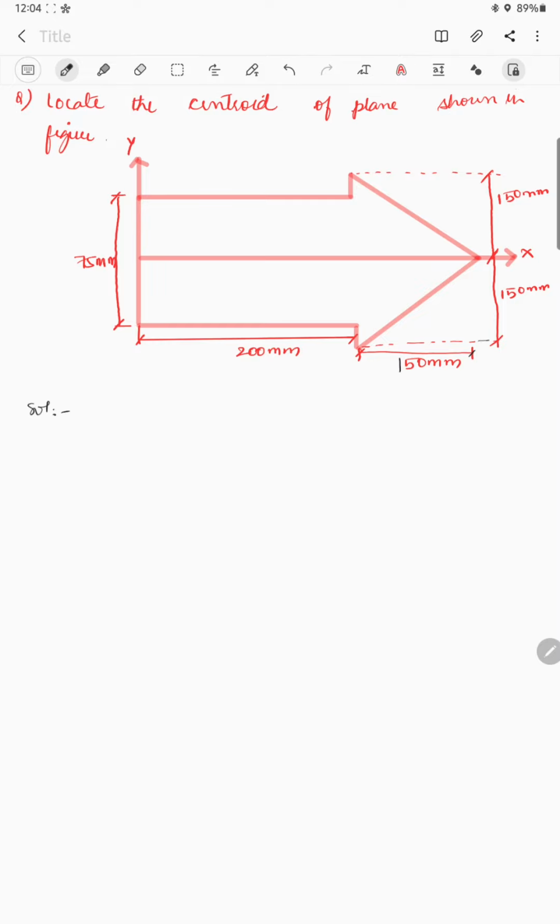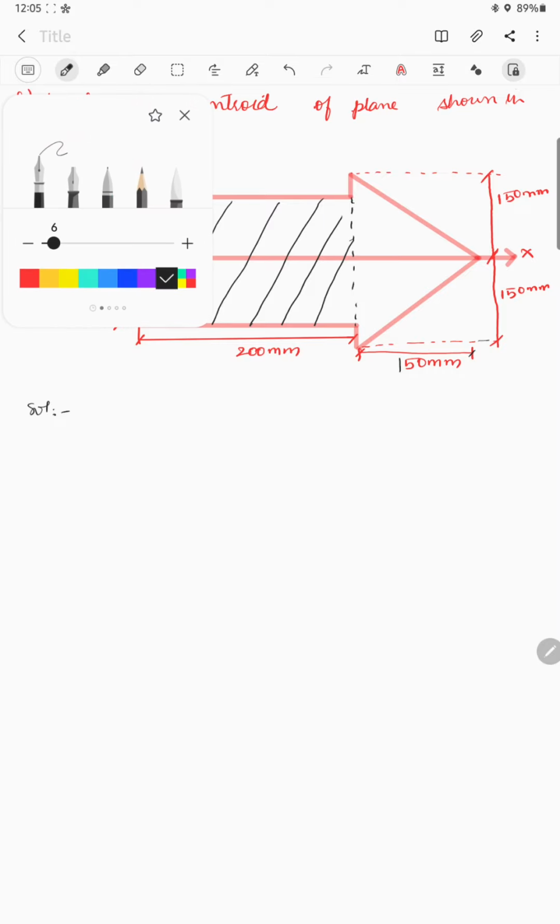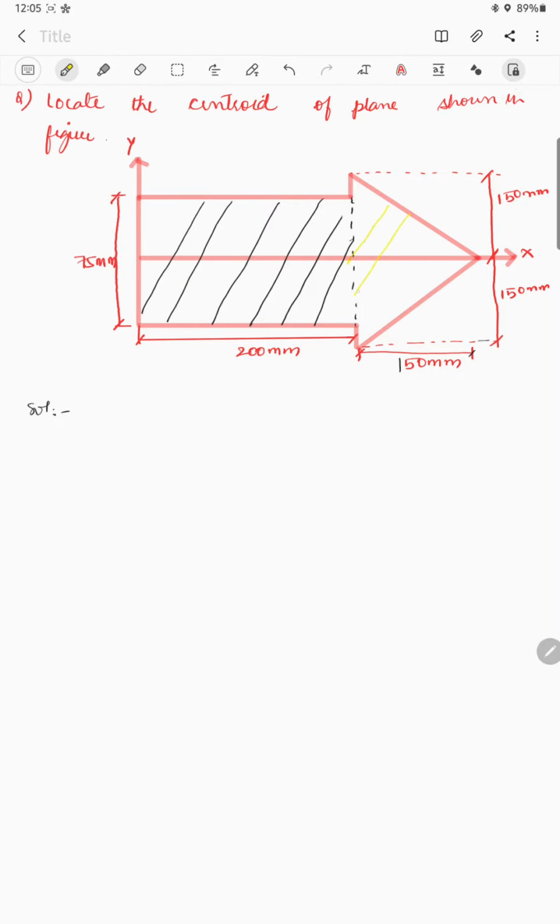Whenever we get these types of figures, when we don't have regular figures, we have some composite figure. If you see here very carefully, this entire part is looking like a rectangle, and the part highlighted in yellow color is looking like a triangle.